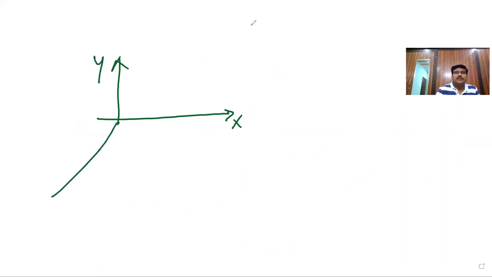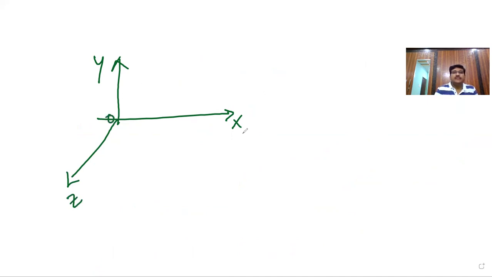Let us solve this question. Observe. This is the x-axis, this is the y-axis, this is the z-axis. Now this is the origin.